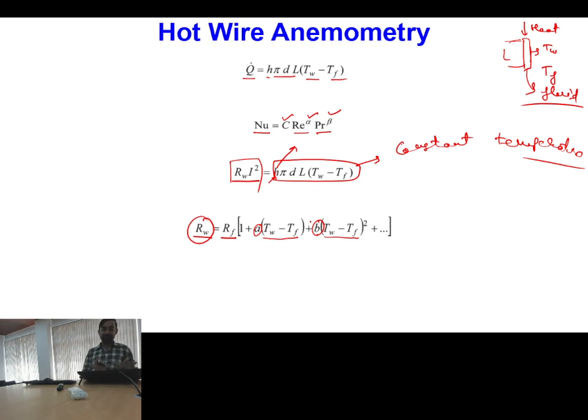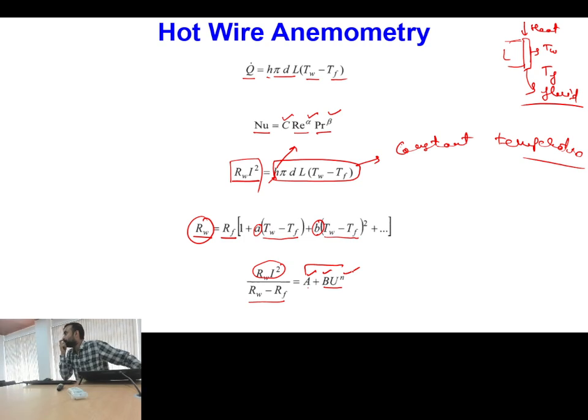So though the fundamental principle is this, whenever this is implemented at the practical level, what is done? This is the simple relation: directly, input power and resistance are given in terms of simply three unknowns, A plus B U to the power N. Here A, B and N, these three you need to calculate. How will we calculate them?